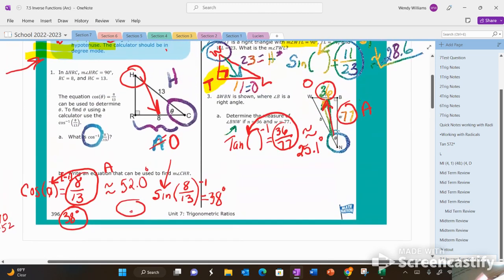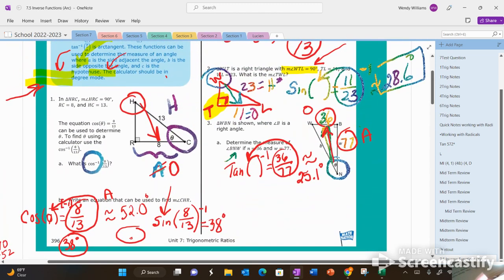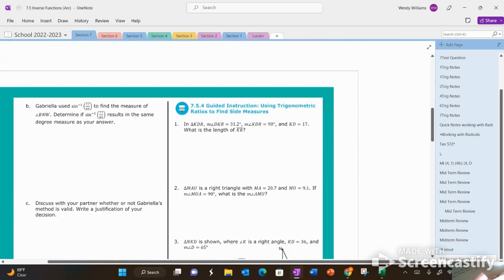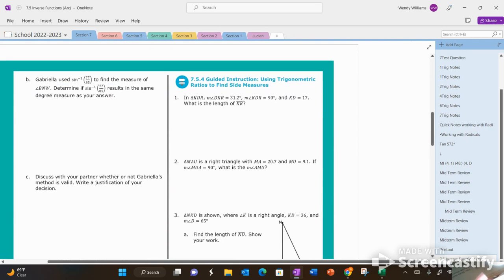Looking at the previous problem, BNW, we got 25.1. So they're saying, hey, is the other direction going to give me the same answer? So let's try it. 77 divided by 85 equals second sine.